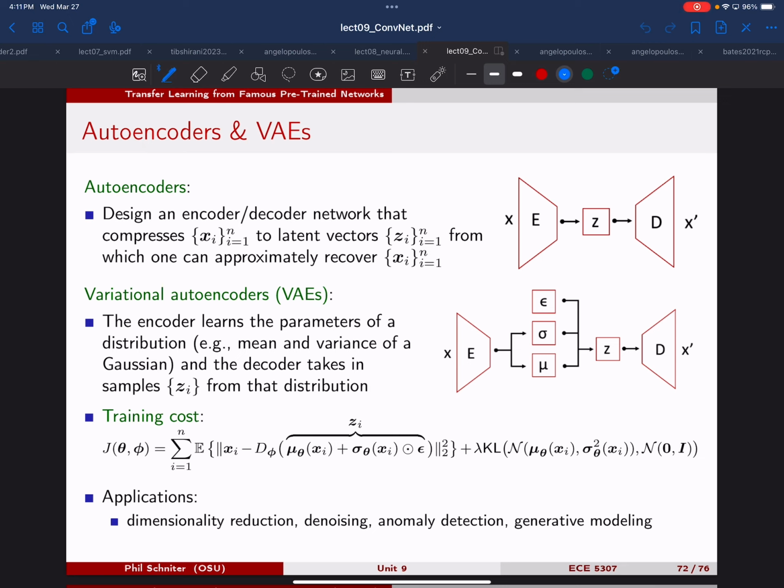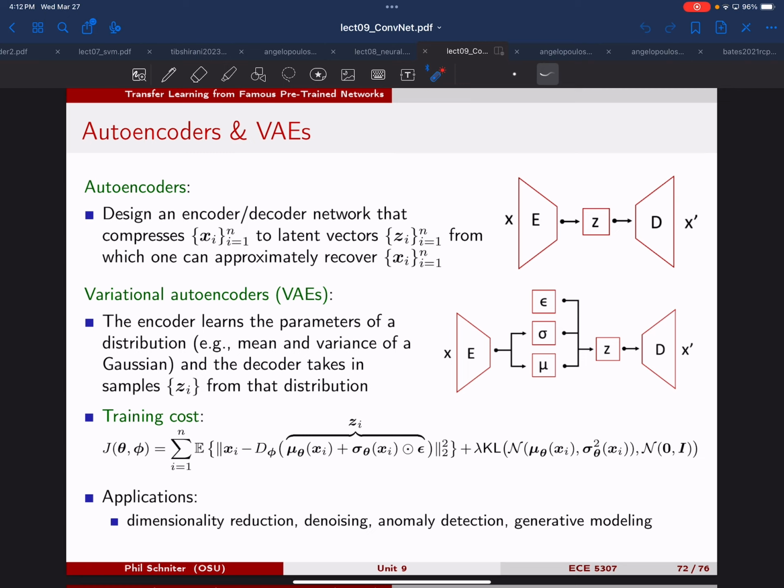So the first is autoencoders and variational autoencoders, VAEs. These networks have an architecture like this, where you take in something like an image, you go through an encoder, and the encoder squeezes the input down so that the number of dimensions here is smaller.